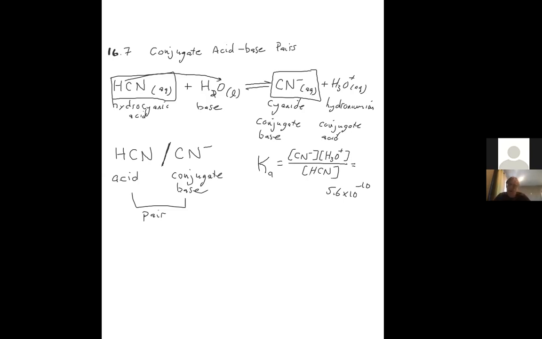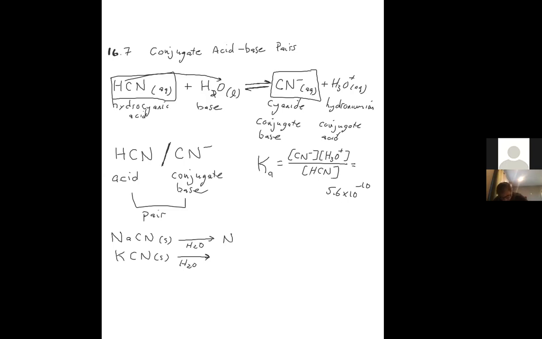Okay. Now, here's what I want to do, though. I want to point out that this is reversible, right? If Ka is small, that means it's a rather weak acid. The significance of that is that if I take something like sodium cyanide or potassium cyanide and try to dissolve them into water, okay, I'm just dissolving these salts into water.